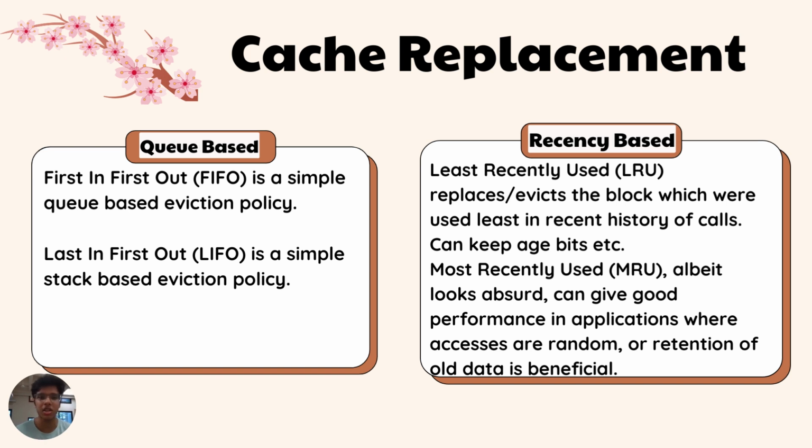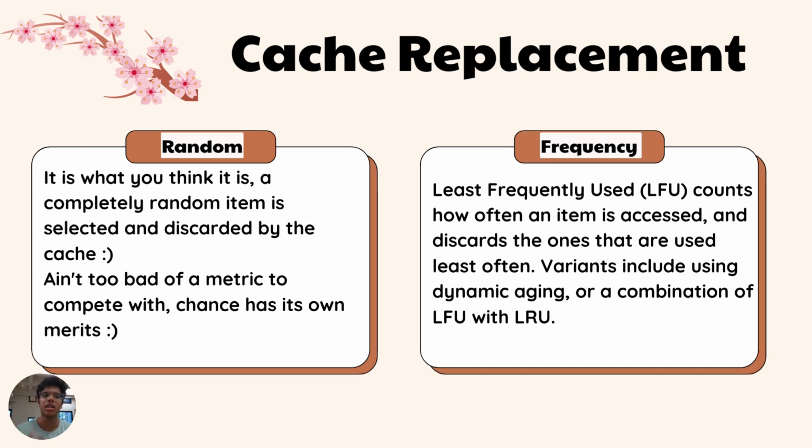The recency based policies are the least recently used and most recently used policies. The least recently used policy evicts the block which was used the longest ago. The most recently used policy evicts the block which was just used. Then there are other policies.